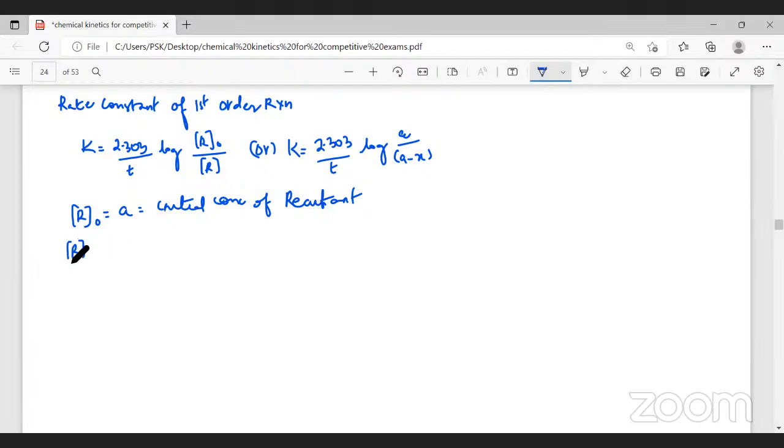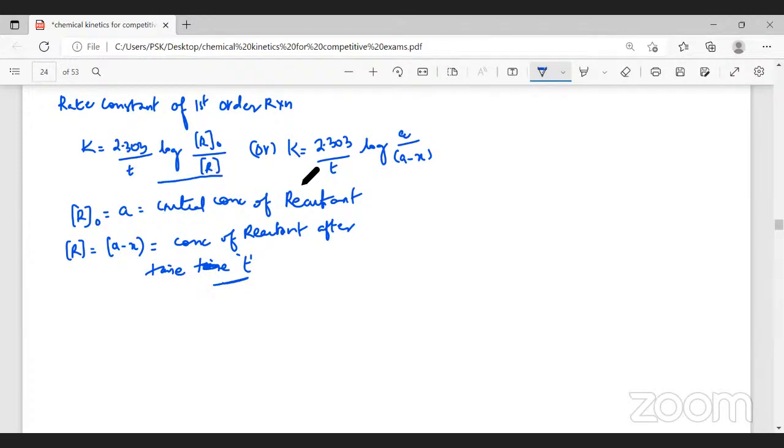And what is this R? R is nothing but A minus x. It is the concentration of the reactant after time t. This is the rate equation for a first order reaction.